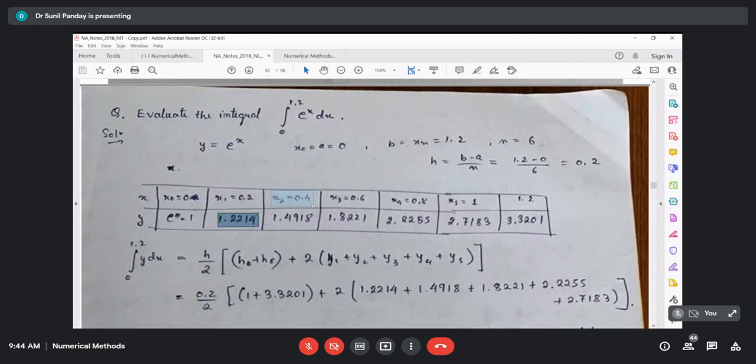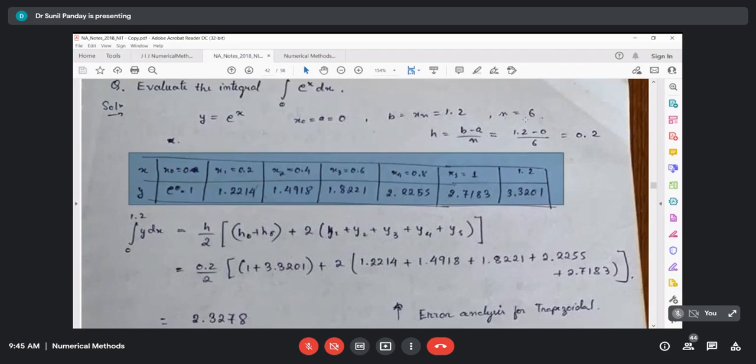Now what is x2? x2 is x naught plus 2h. x naught is 0, and 2 into h means 2 into 0.2, which is 0.4. So you have x2 as 0.4, and then you calculate e raised to power 0.4 using your calculator, and you get this one. So this table you have to create.